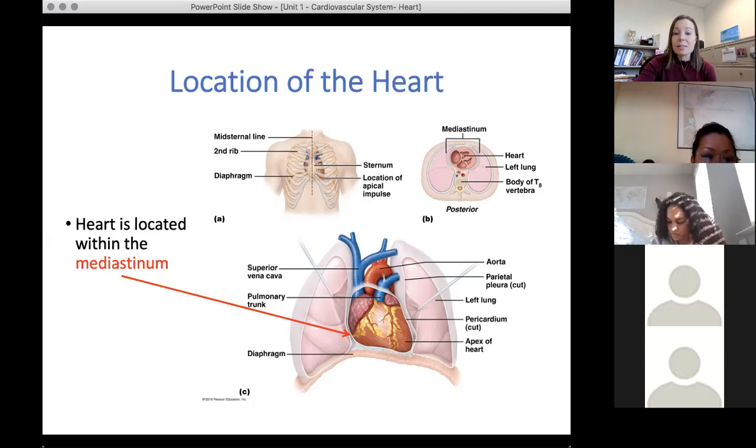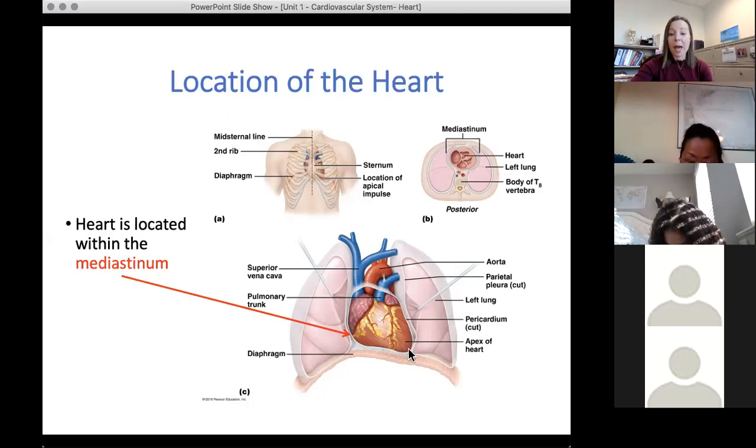The base of the heart is actually the top wide portion. Usually you think of the base of something as being the bottom, but the base of the heart is actually the top wider portion where all these blood vessels are coming out.